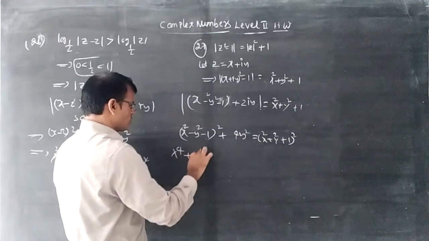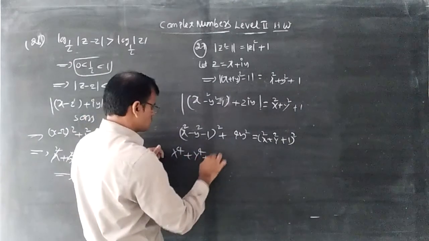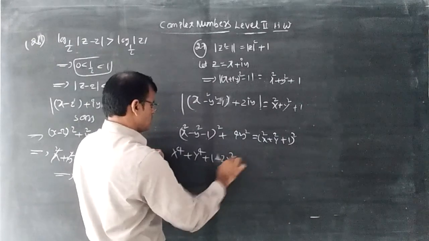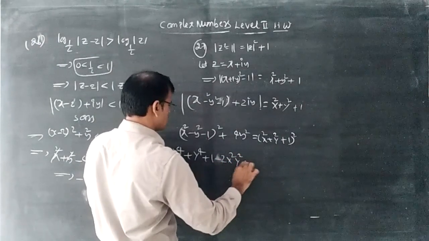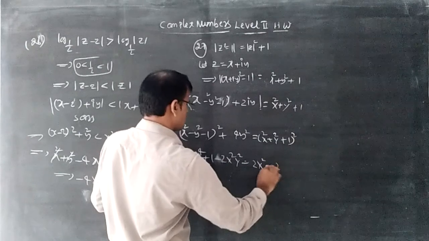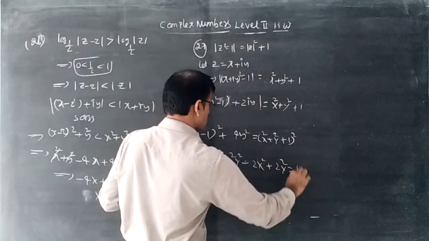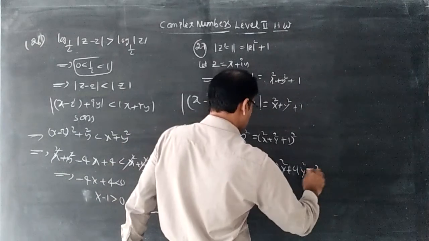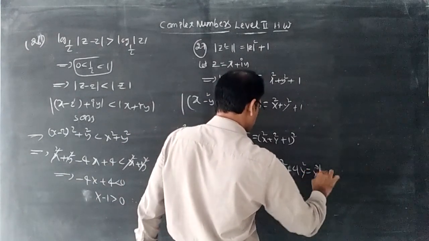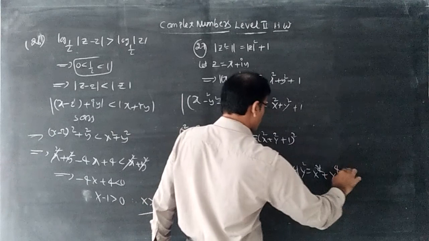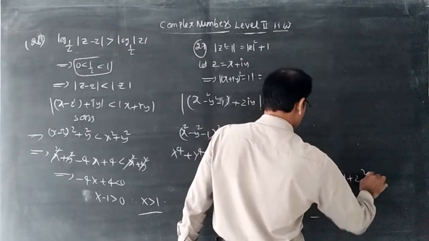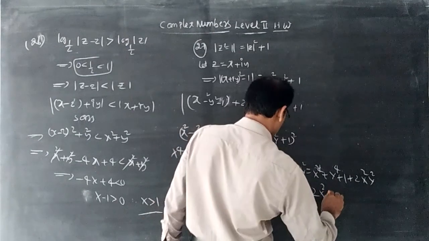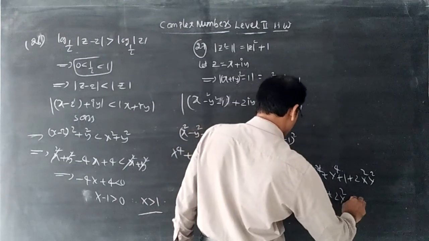Expand like this: x power 4 plus y power 4 plus 1 plus 2x square y square minus 2x square plus 2y square plus 4x square y square is equal to x power 4 plus y power 4 plus 1 plus 2x square y square plus 2x square plus 2y square.